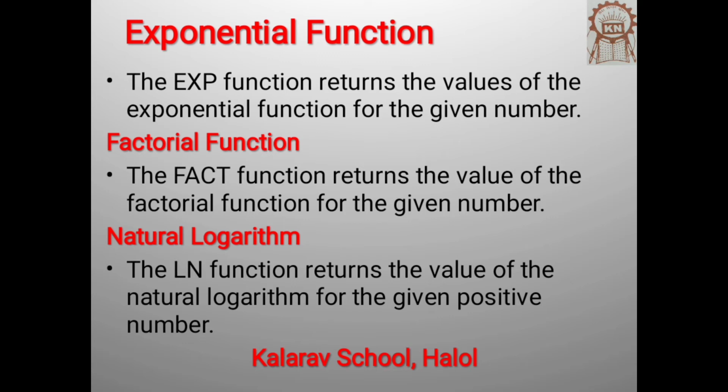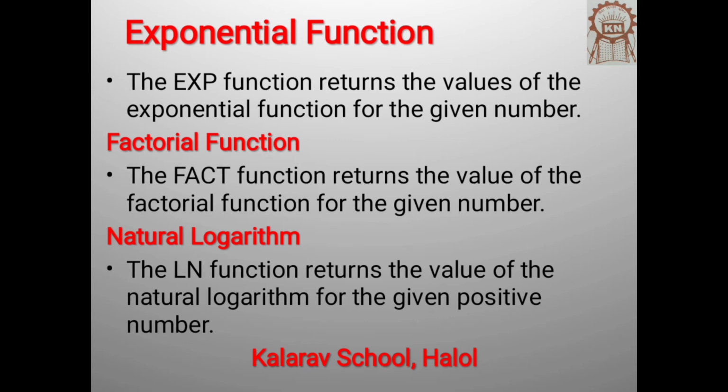Factorial functions. The FACT function returns the value of the factorial function for the given number. For example, if we write equal to FACT(3), Calc will consider this as the expression 1 into 2 into 3 and return 6.